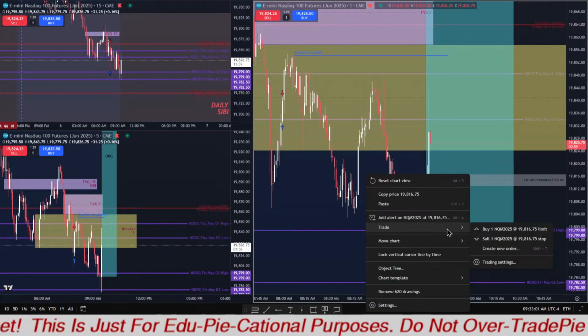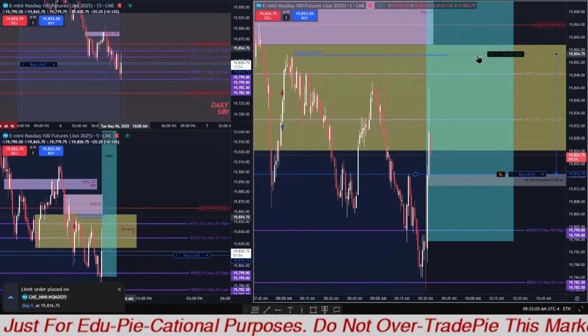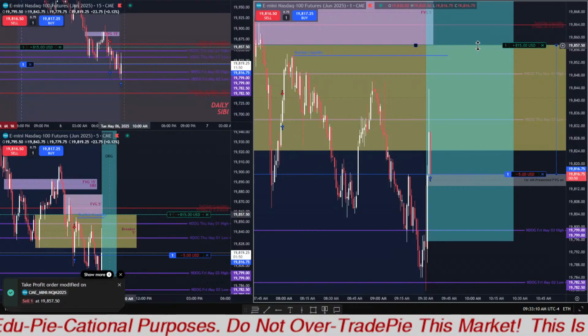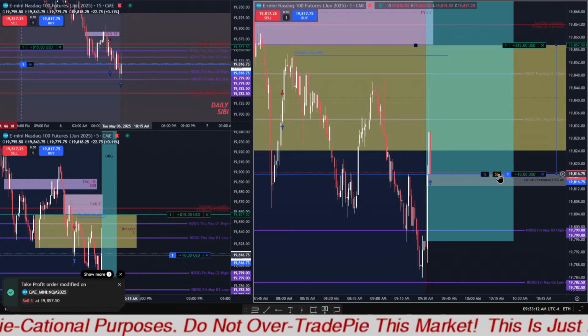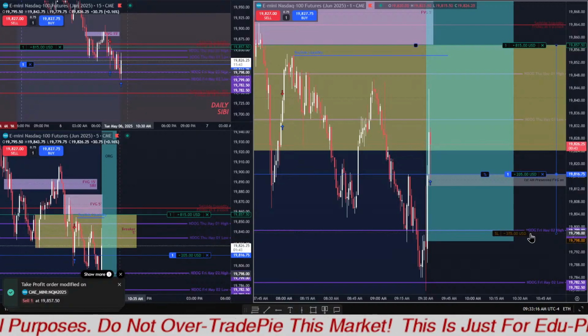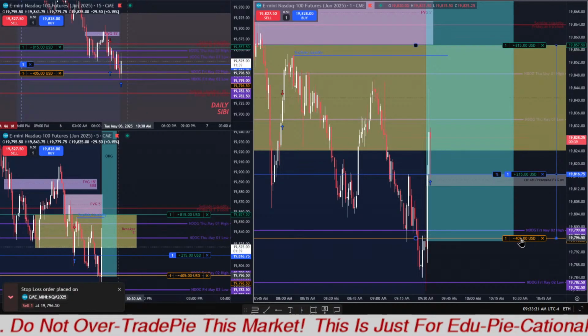Alright, now I put the trade for going higher above this buy side liquidity. I got filled over here, and I placed my stop loss at 400.